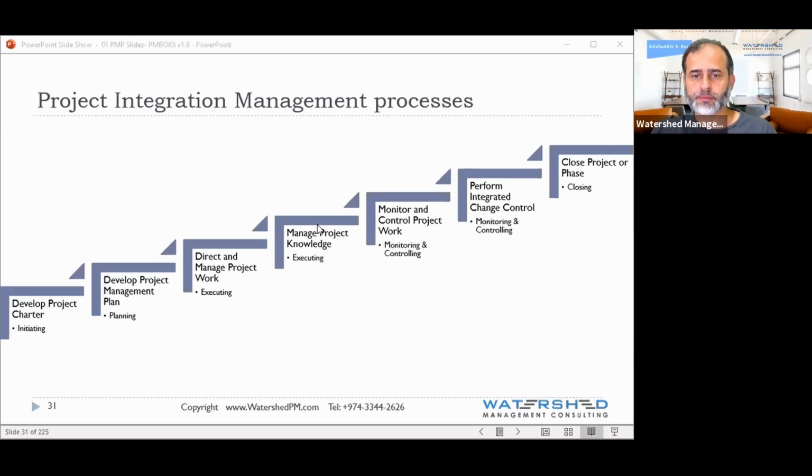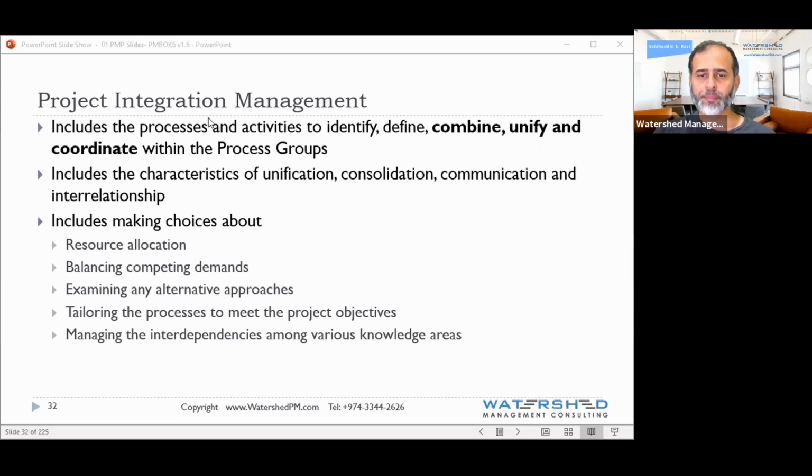All right. Now, let me give you an introduction to this knowledge area. The name of the knowledge area is Project Integration Management. Integration means, in your project, do you remember that one slide we had about one wheel turning and everything else changing in the project?